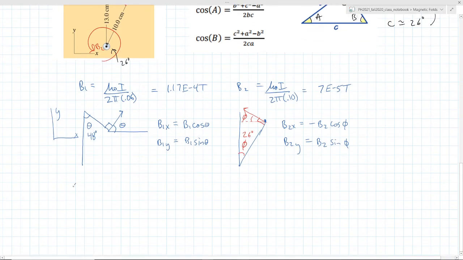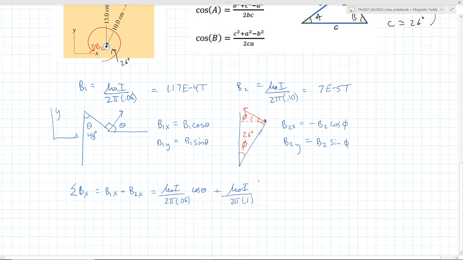And now this starts to look more like what we're familiar with. If we want to find the sum of the x pieces, that would just be B1x plus B2x. And that would look like mu naught I over 2 pi times cosine plus the other piece.